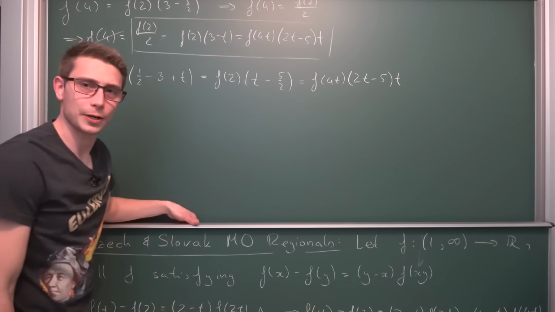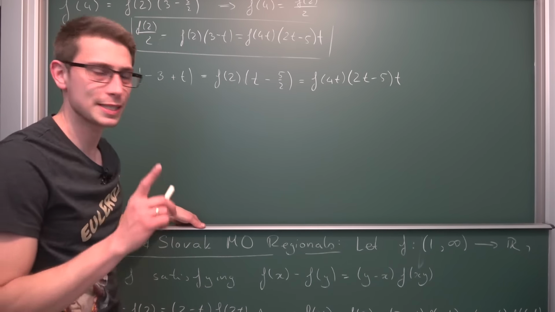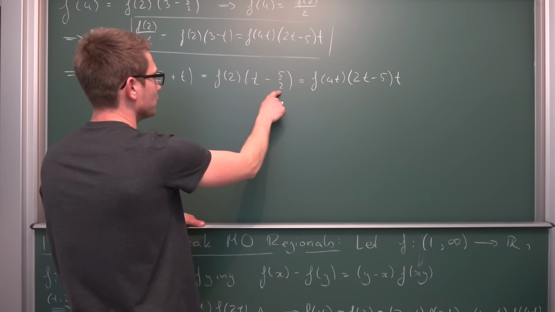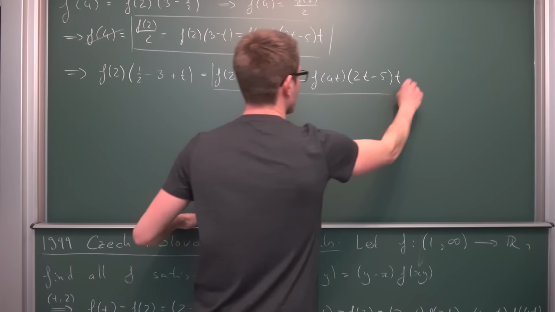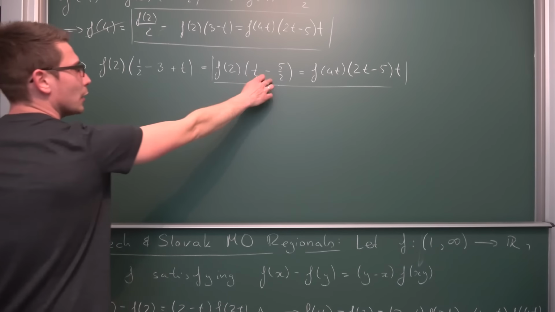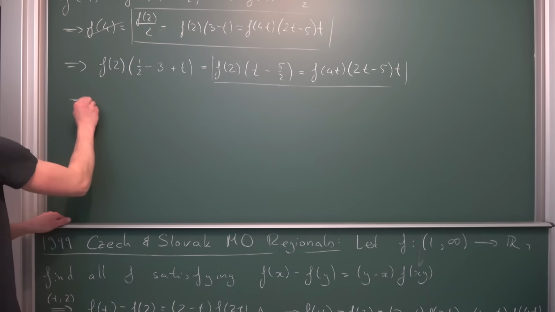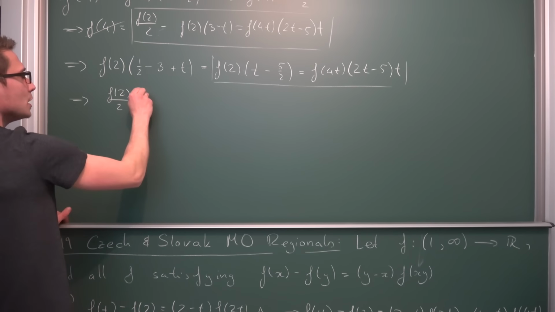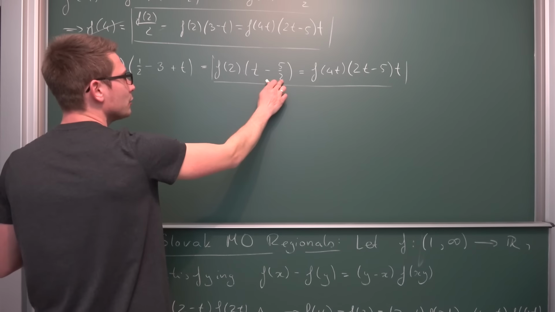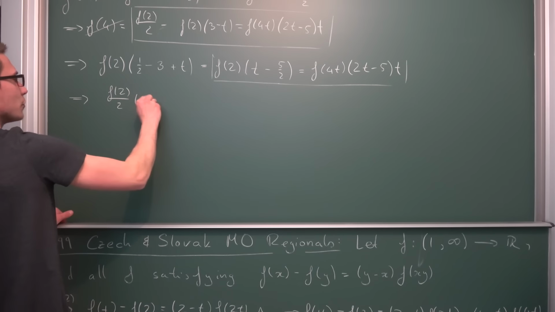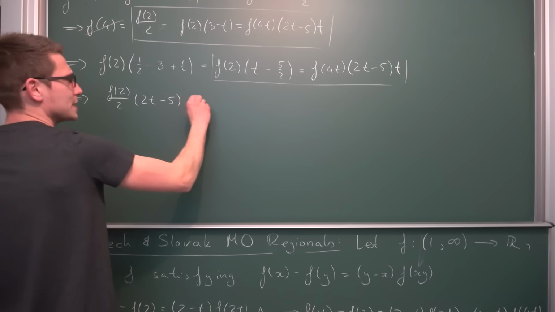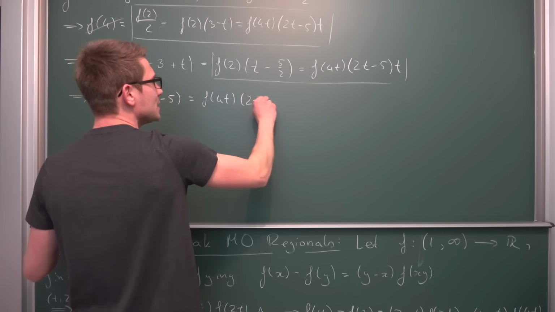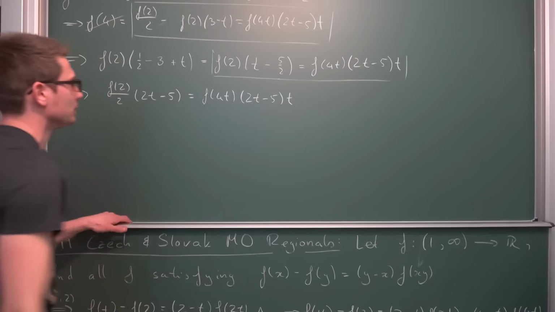Now, this is rather curious, don't you agree? Maybe you don't see it right now, but what happens if we factor out the 1/2 here? Okay, this is our new equation that we're going to deal with. Factoring out the 1/2 on this part gives us that f of 2 over 2 times, pulling a 2 in front of our t minus 5, is equal to f of 4t times 2t minus 5 times t.